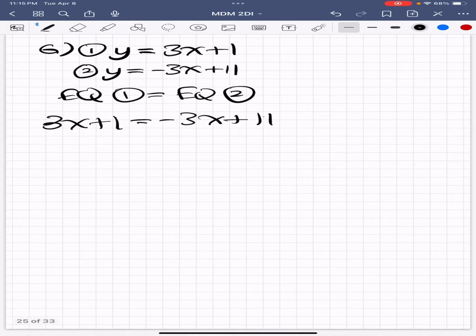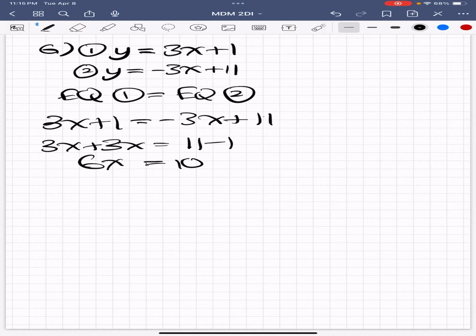So we have 3x plus 3x, 11 minus 1. We got 10, 6x over 6 over 6. Back to blue, because 6 is common on both the top and the bottom. We divided both sides by 6 to isolate x and get x by itself.